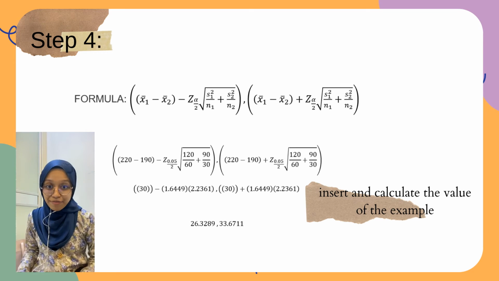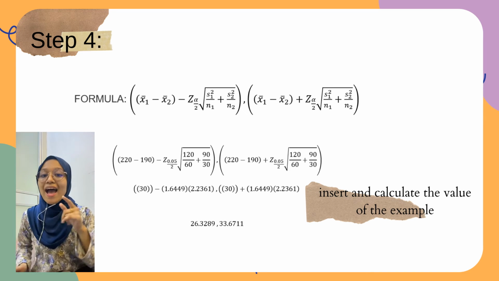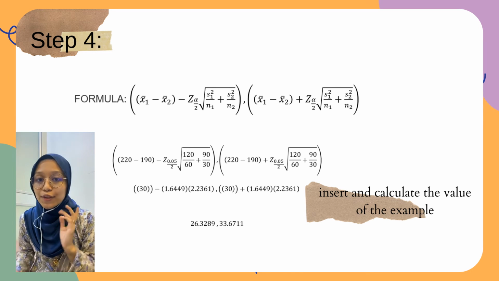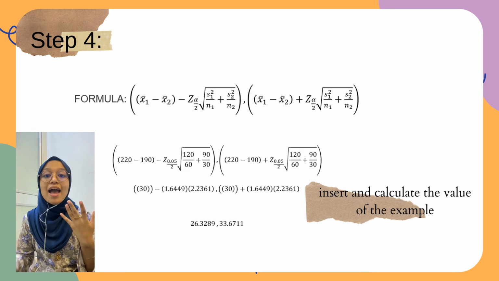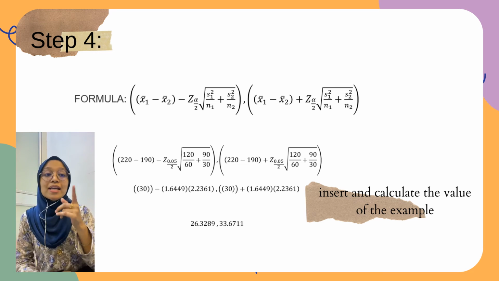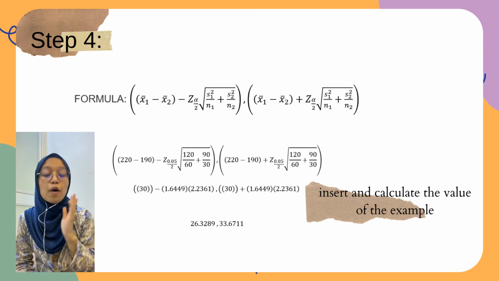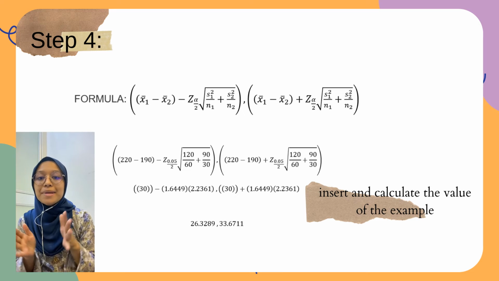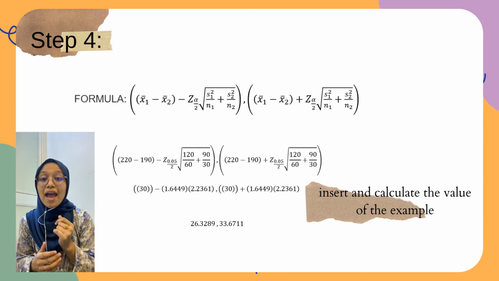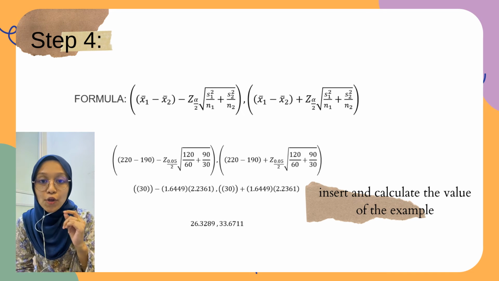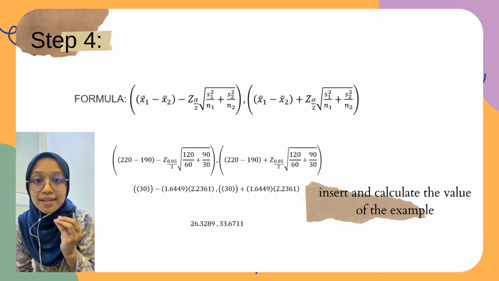For step 4, we need to insert and calculate the value. You need to use the formula that I have given in the second slide. Here I state the formula for you and you need to put the mean, the variance and the number. For this question, you can get the answer.